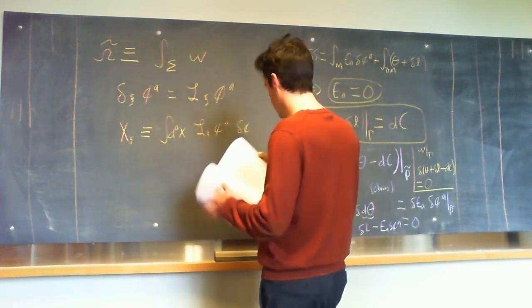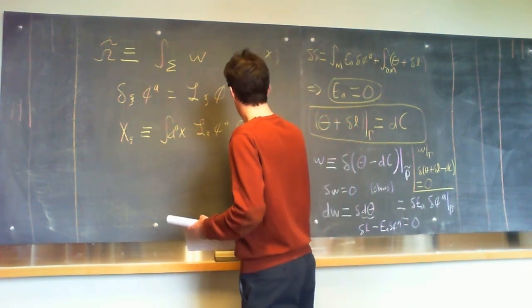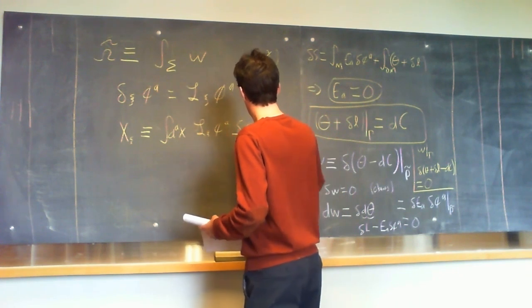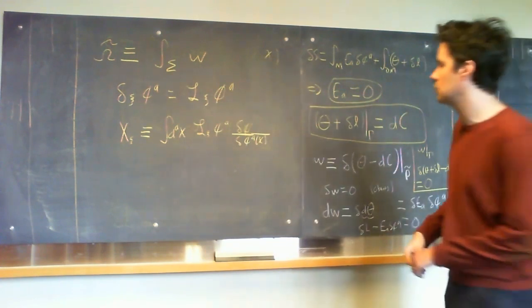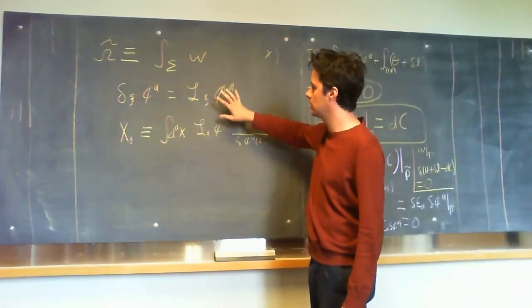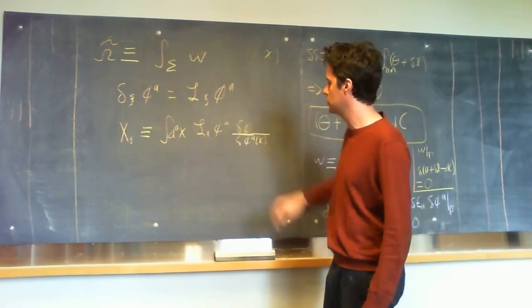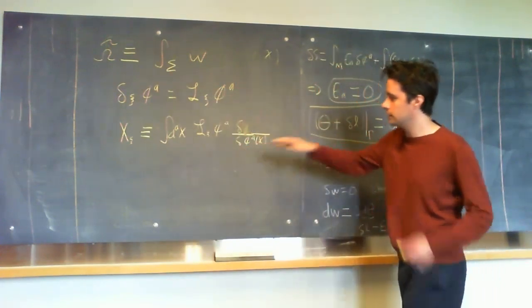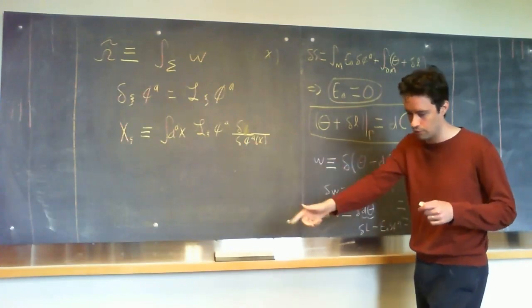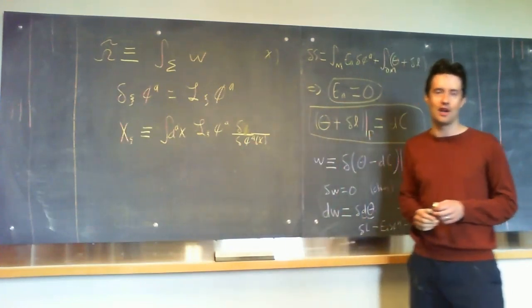Let me write this correctly. Okay, so this is a vector on configuration space whose flow implements the diffeomorphism on the dynamical fields. So this d phi is now like the derivative operator in the phi^a(x) direction.